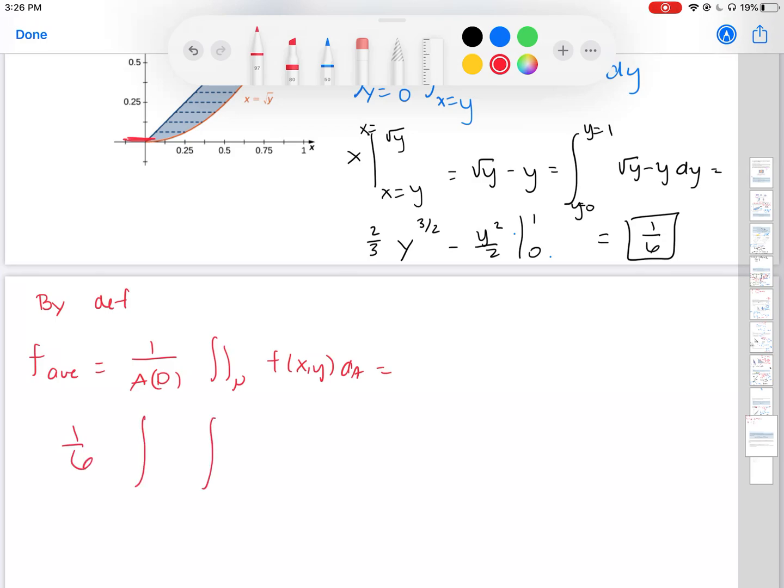Now we don't have to change anything, we just have a new function for which we're integrating. So I have y equals 0 to y equals 1, x equals y to x equals square root of y, of 7xy squared. And once you integrate that, your answer will be 21 over 20.